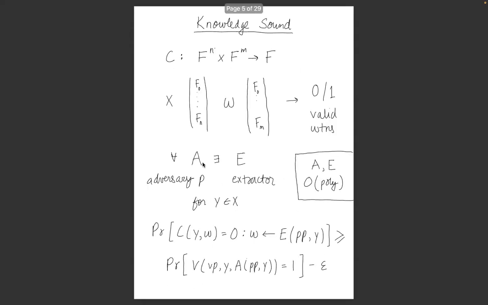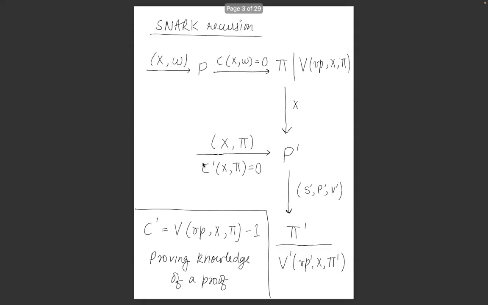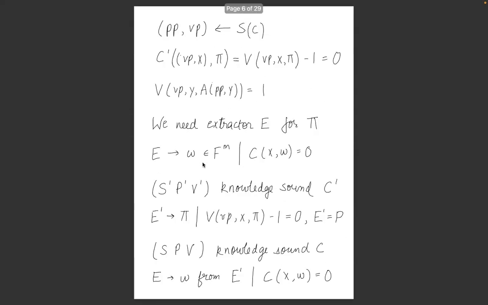If we go back to the previous slide, we had some witness which was inputted into the prover, and then the final proof just takes the inner proof as a witness. So the extractor would have to dig through this witness and find the witness from the inner proof.